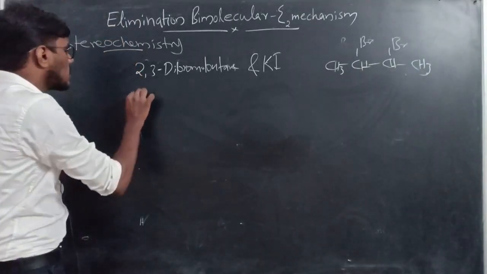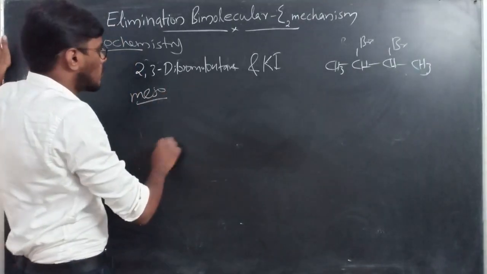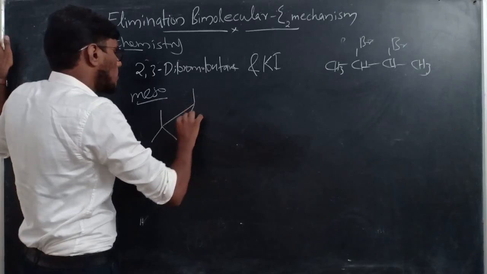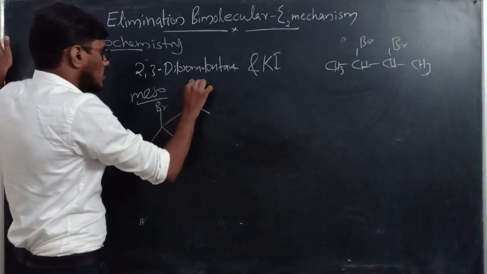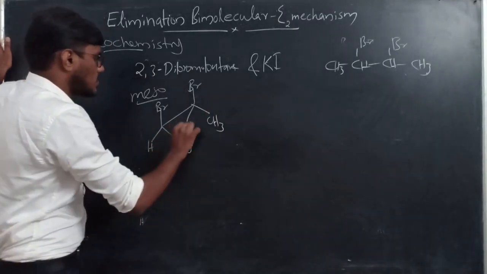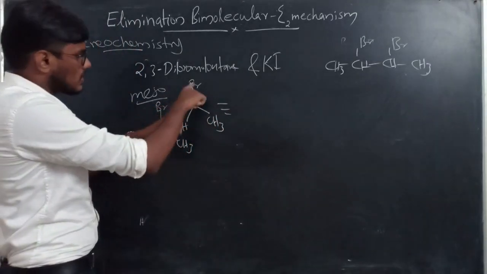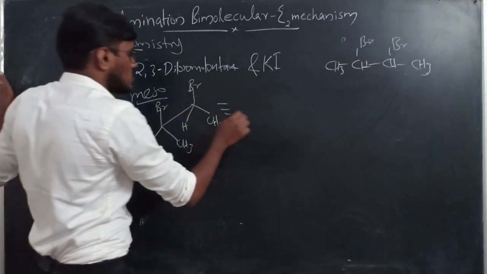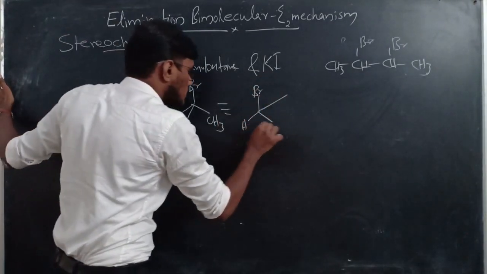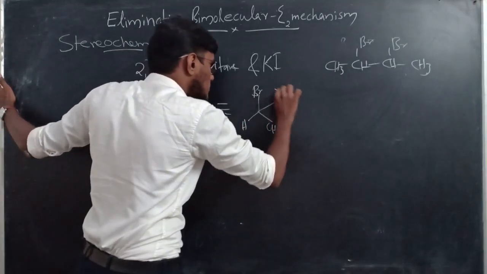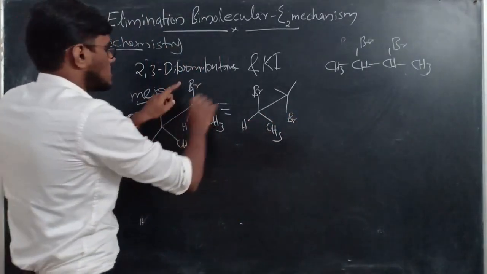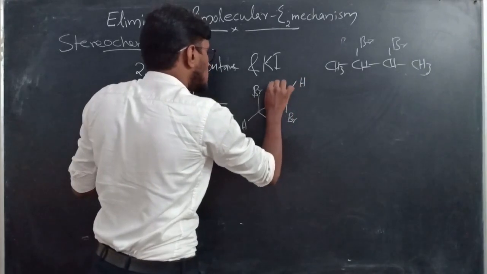First, we are taking the meso compound. Meso 2,3-dibromobutane is like this: Br, CH3, CH3, H, and by rotation of the groups in this carbon, it is equivalent to Br, H, CH3, and by rotating 120 degrees, Br comes here and H, CH3.